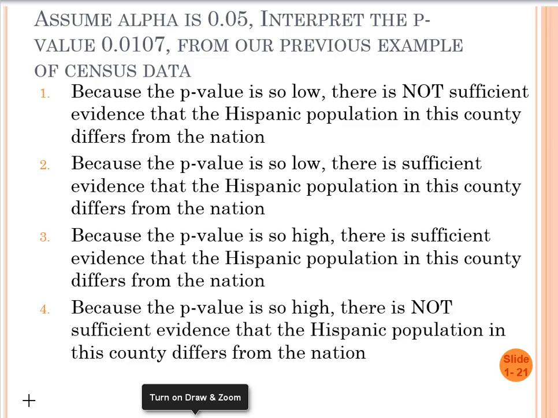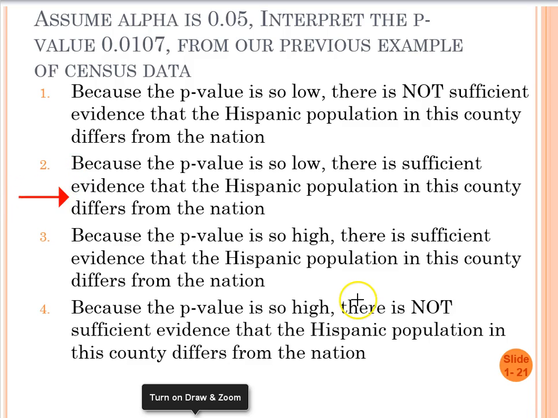We'll interpret the previous p-value that we just calculated, and we see that our p-value is much lower than the alpha. So we have a lot of evidence against that null hypothesis. Remember, the smaller the alpha, the more evidence that we're requiring. And so we have a lot of evidence against that null hypothesis.